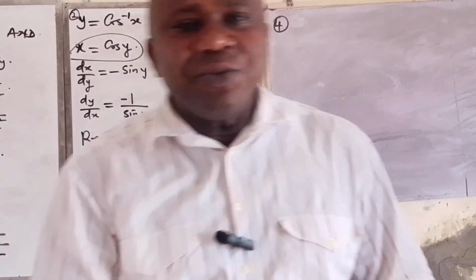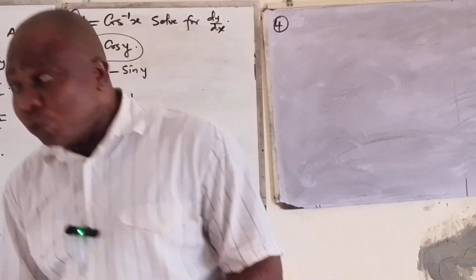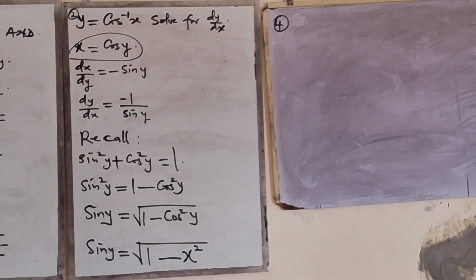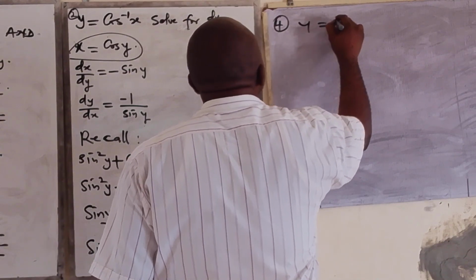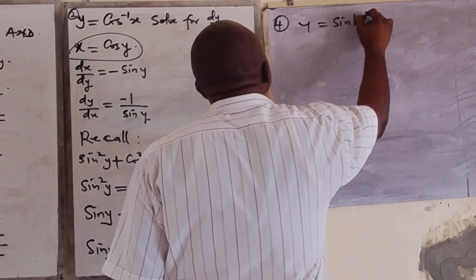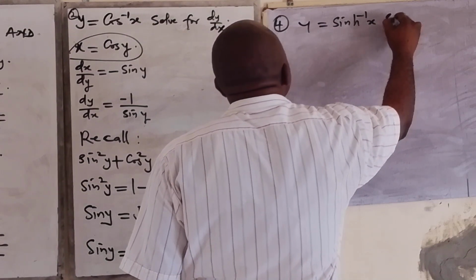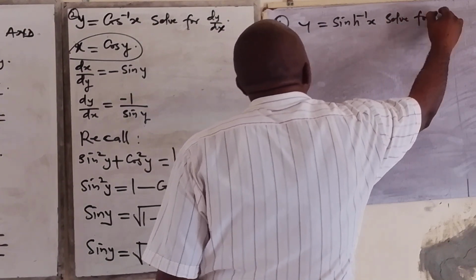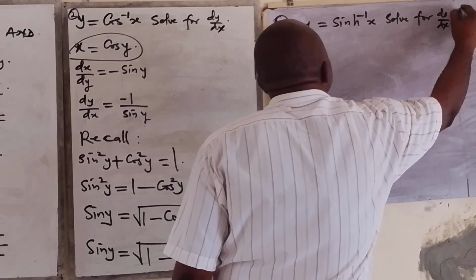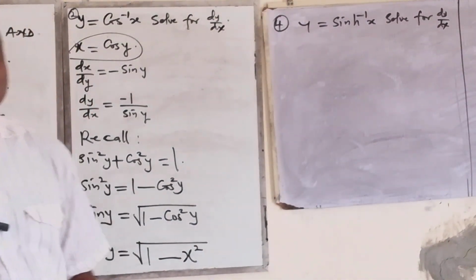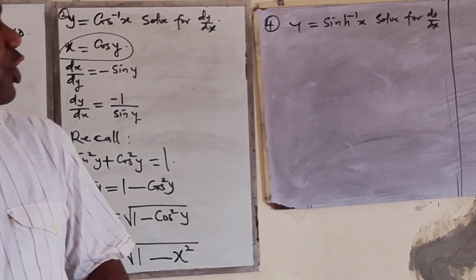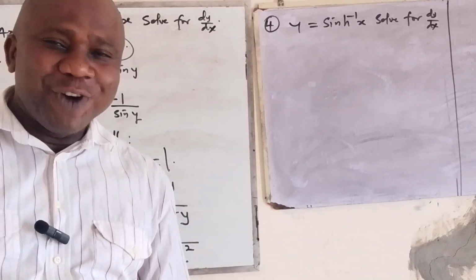Now I want us to look at inverse hyperbolic functions, because what we're looking at here is differentiation of inverse trigonometric and inverse hyperbolic functions. Now number 4. If y is equal to sinh inverse of x, we have to solve for dy/dx.